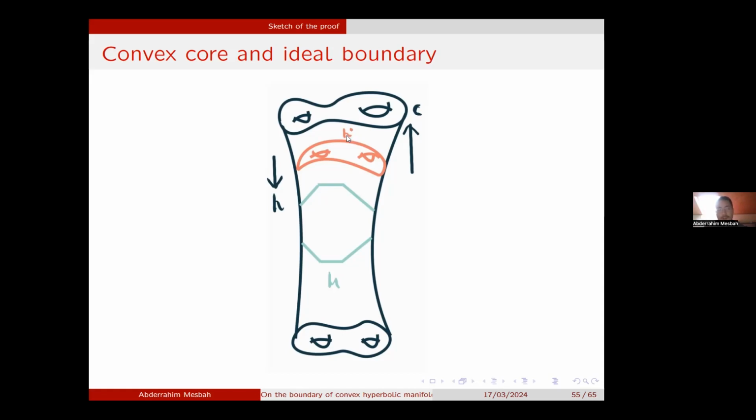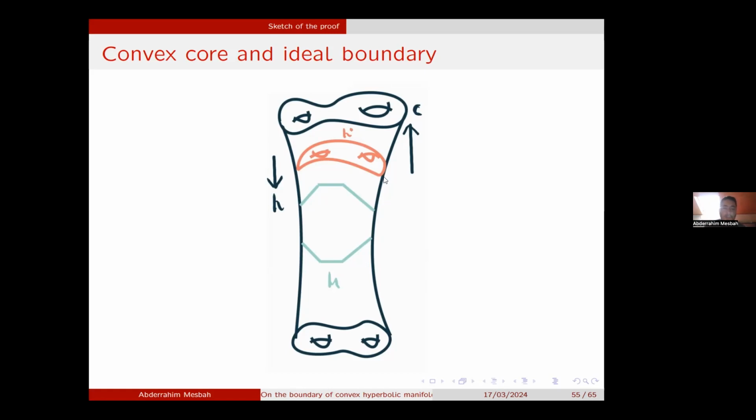So we need to take, for example, metrics with curvature Kn, where Kn converges to 0, and mu is the measured lamination in the lower boundary of the convex core, and we take n to infinity.